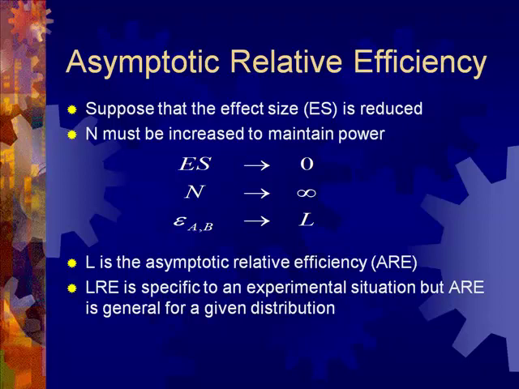So if I know a distribution and I want to calculate the asymptotic relative efficiency for two procedures, say looking at the matched pair Wilcoxon, comparing it to the matched pair t-test when the distribution is a logistic distribution, once I calculate that asymptotic relative efficiency, that's now a set number that I can make note of and is always the case for every situation where we have a logistic distribution and we're comparing the matched pair Wilcoxon to the matched pair t-test.